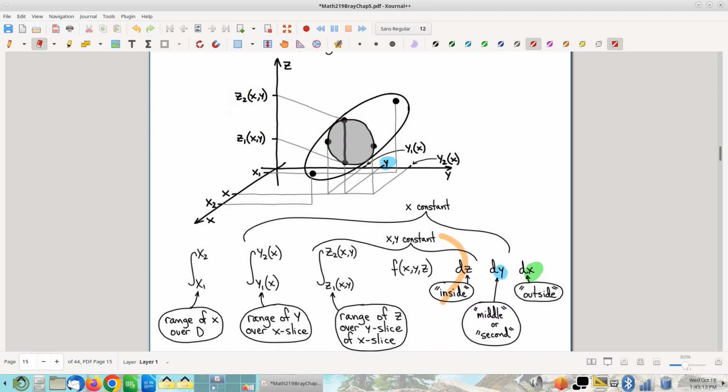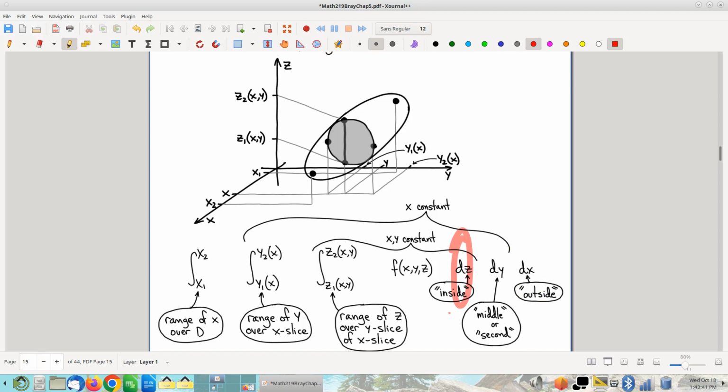So some things to recall. Notice that we do have a language issue, right? How do we refer to the different integrals, depending on how we order the differentials? And watch out for terms like first, because the one that is first in the slicing process is not the same as the one that is first in the cranking it out process, right?